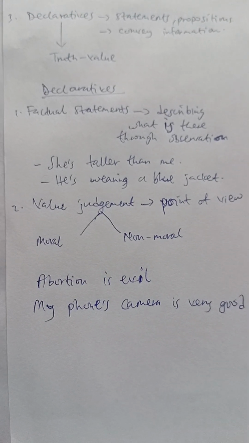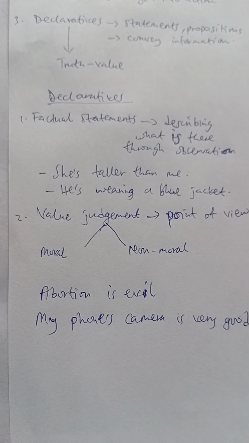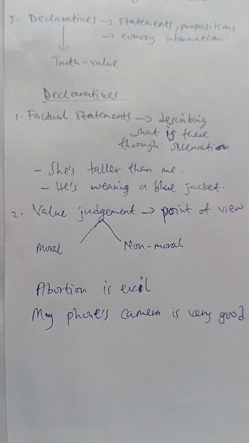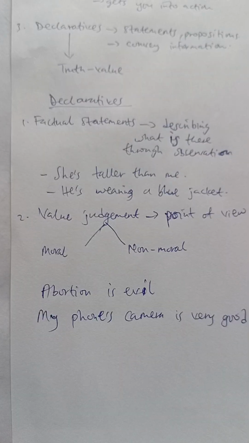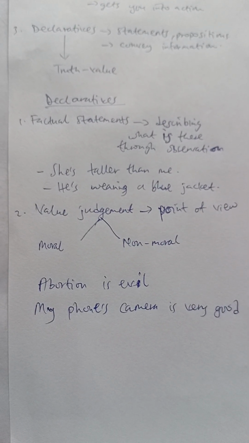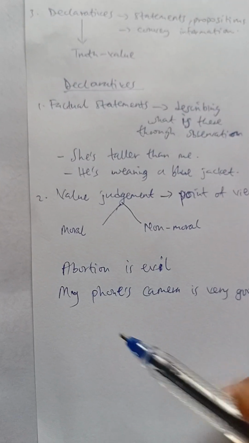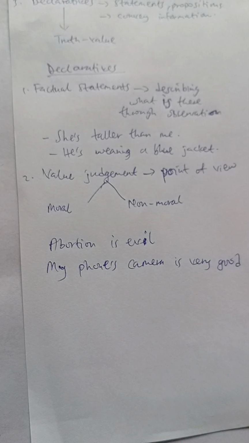Then we can also use metaphors as a case. We can use metaphors to compare. Metaphors compare two things which are not related. So this is kind of linked to value judgment.